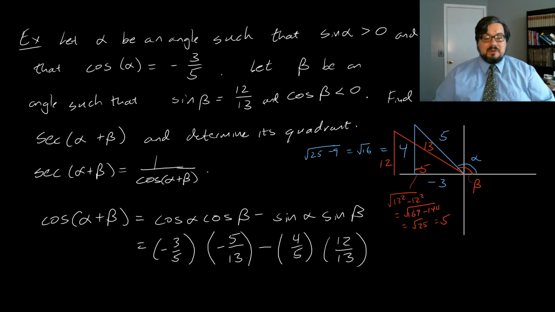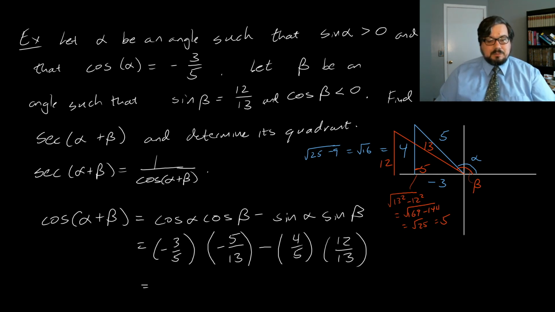And so here's where we're going to be able to get our cosine. So multiplying this out, now normally we'd cancel the two 5s in our first term here, but we note that we're not going to be able to cancel anything like that in the second term, so let's just go ahead and keep everything together.